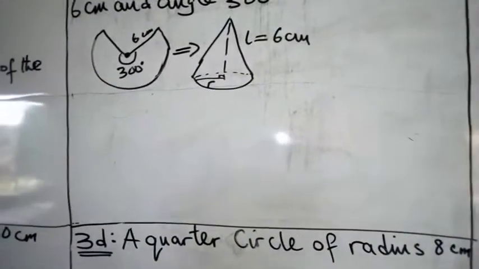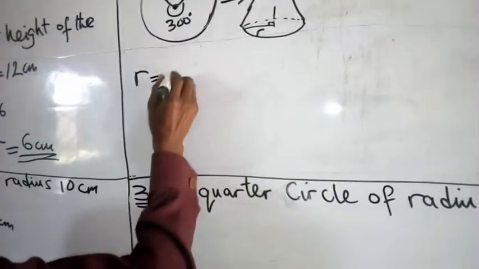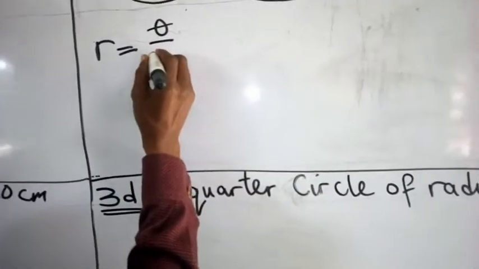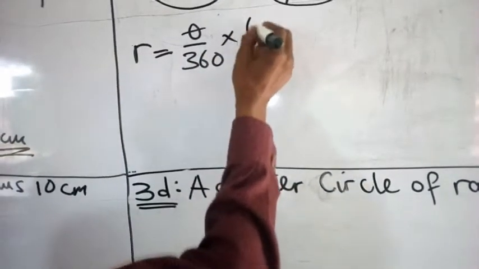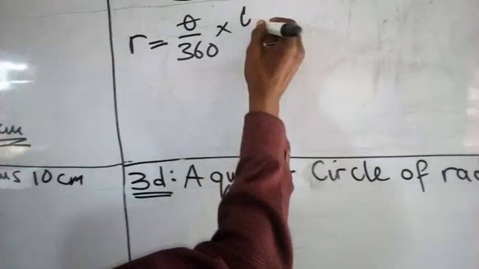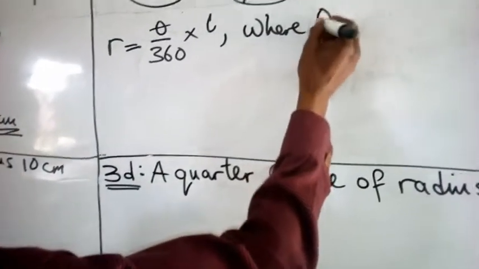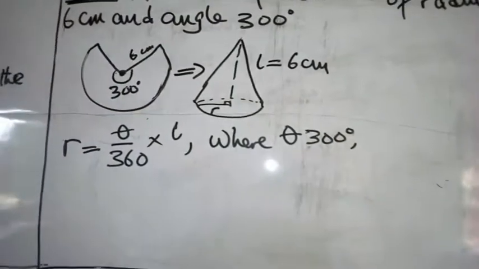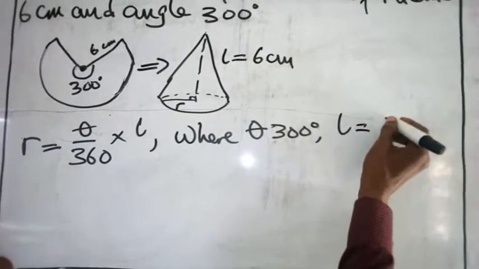So let's move on. You know this already. Quickly follow. Radius is equal to theta all over 360 times slant height, where theta in this case is 300 degrees, and then slant height in this case is 6 cm.